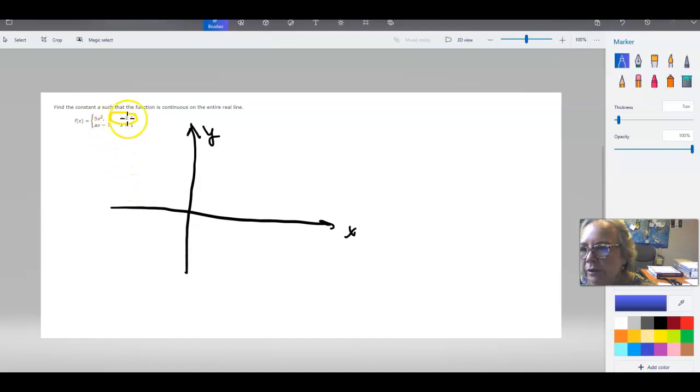So when x equals 1, 5 times 1 squared is 5. So 1, 2, 3, 4, 5 here. So at 1 it is 5. If it's 2, then 2 squared is 4, 5 times 4 is 20, somewhere high.